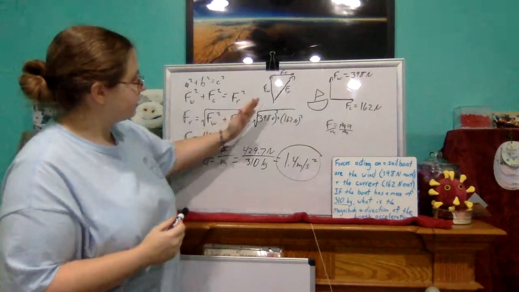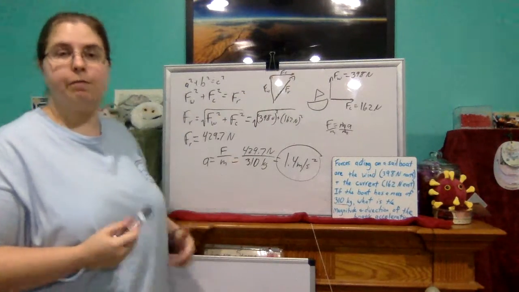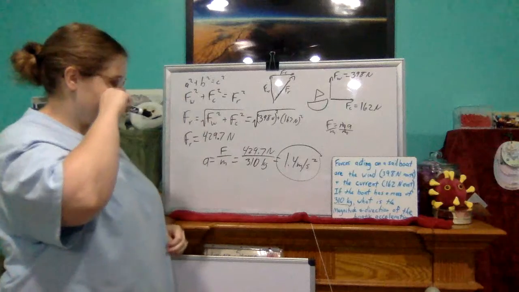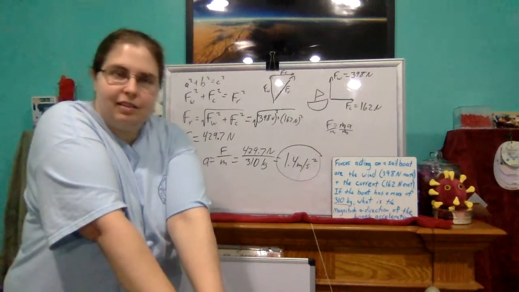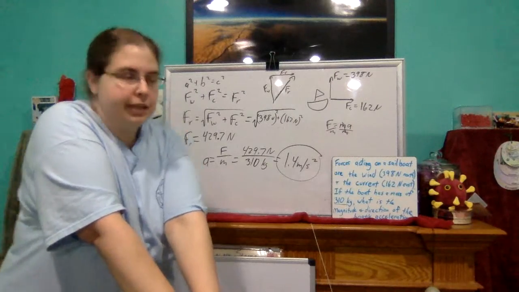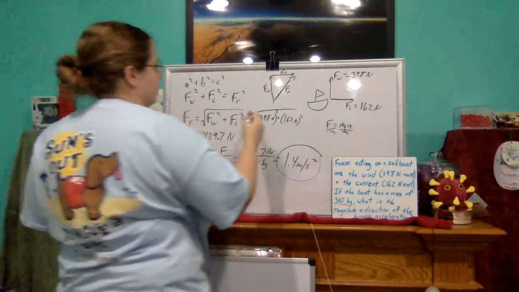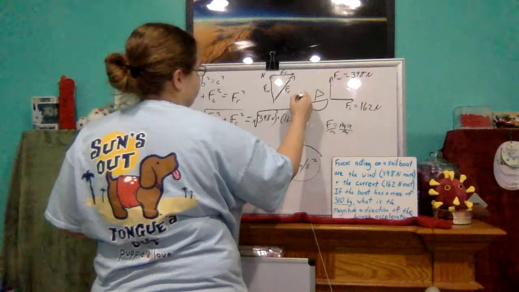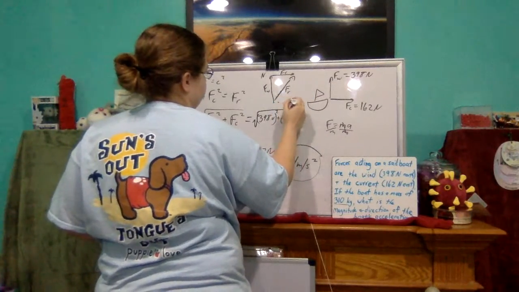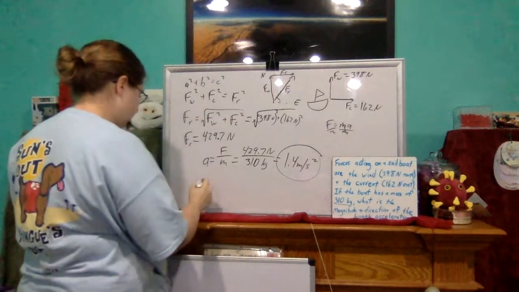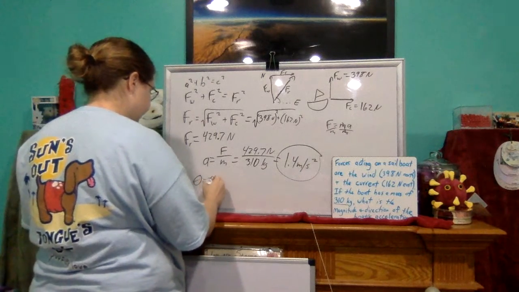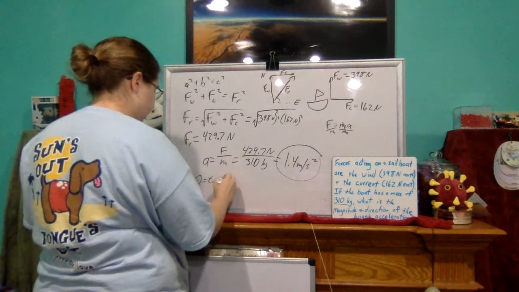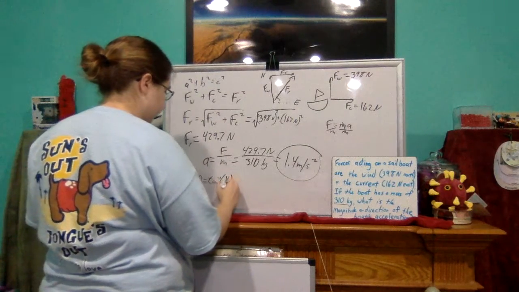Now we have our acceleration, but we also want to know the direction. The direction is going to be in the direction of the net force. Remember how we found direction previously with problems like this? We use theta and inverse tangent. I know that this is north, I know that this is east. So theta equals inverse tangent of your y over x value.